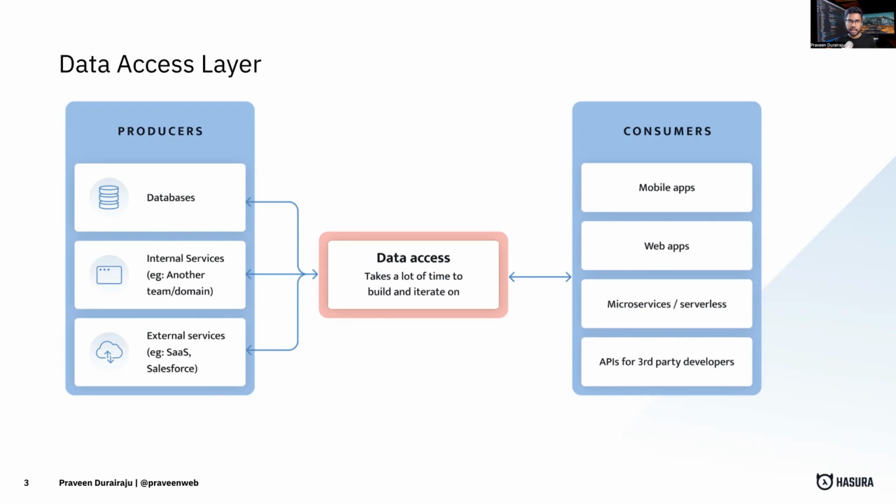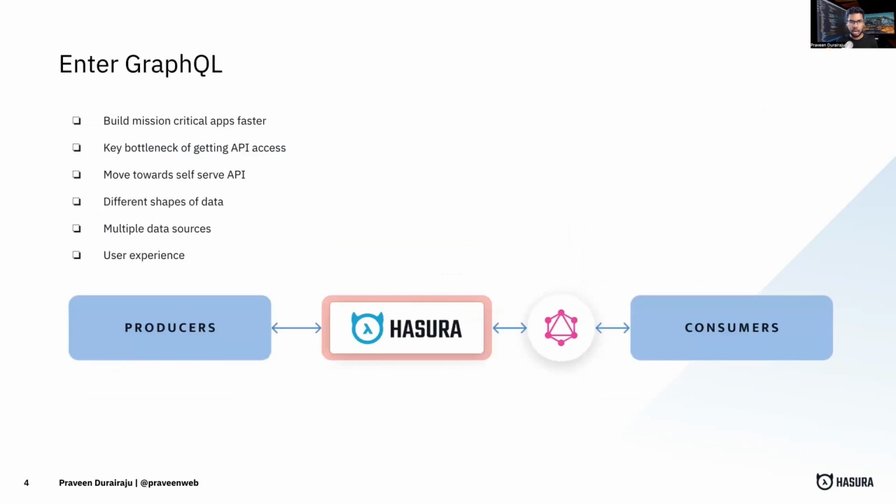So you have different use cases for these consumers. And to tie this all, you need a data access layer in between, which is the API layer. And it takes a lot of time to build and iterate on, right? So we'll look at how that can be solved.